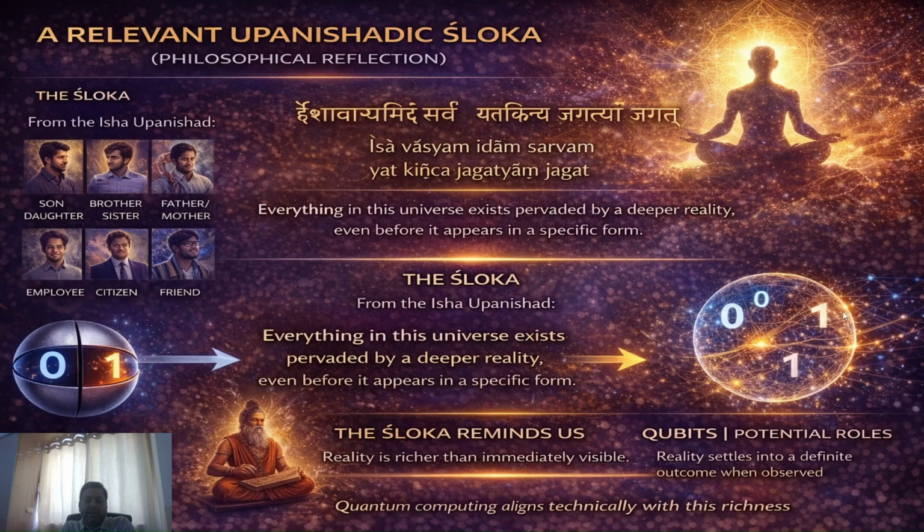But by a deeper reality, even before it takes a specific form. This sloka reminds us that reality is richer than what is immediately visible. What is immediately visible only has a specific form. But if you see the universe, reality is very, very rich. It has many different forms. Reality settles into a definitive form when the outcome is observed.